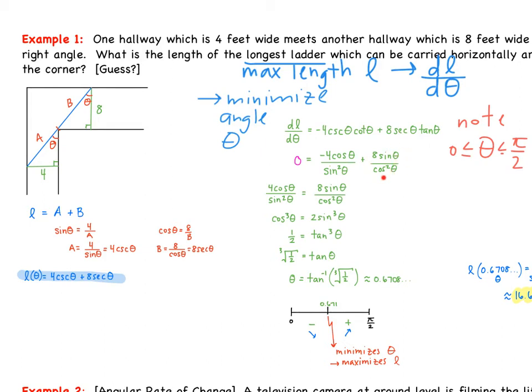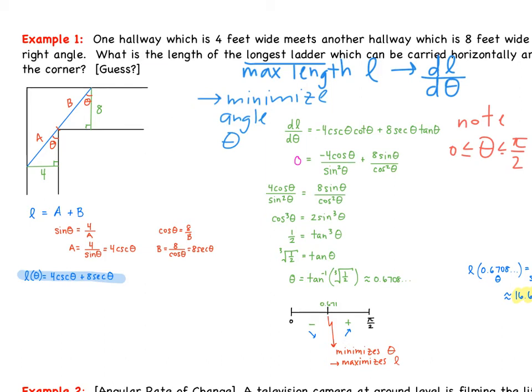So adding 4 cosine over sine squared, we get this proportion here. Multiplying both sides by sine squared and cosine squared at the same time, and dividing by 4, we get cosine cubed equals 2 sine cubed. Dividing by cosine cubed and dividing by 2, we get 1/2 equals tangent cubed.